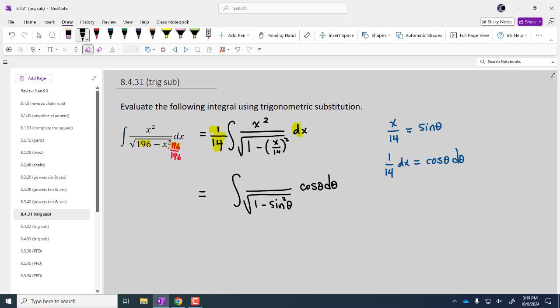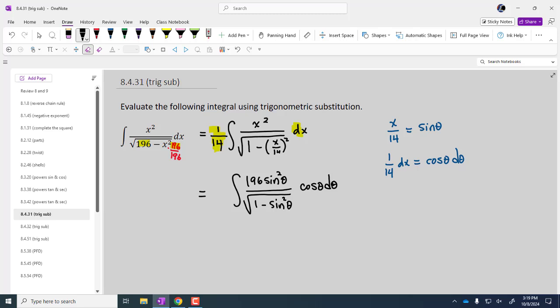And then in the numerator, we solve that for x. X is 14 sine. And then we have to square it because that's squared, so we get 196 multiplied by sine squared. All right, so there's the substitution.